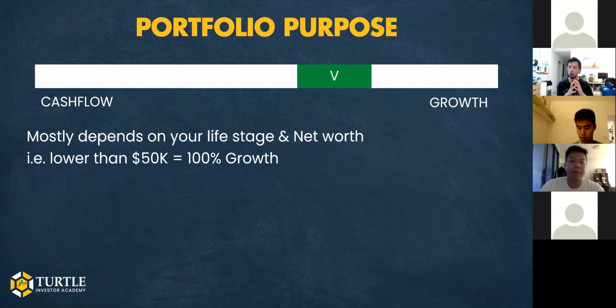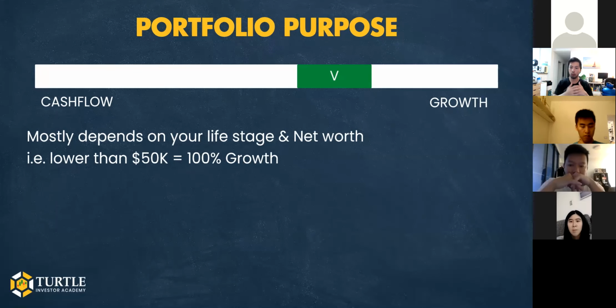Most likely no. So the whole intention when your portfolio is quite small is how we grow it as fast as we can, as much as we can, into the next stage. What's the next stage? It depends on your living expenses and everything as well. So for our example, lower than 50K, we want to grow the portfolio as fast as we can, which means the focus is on growth.